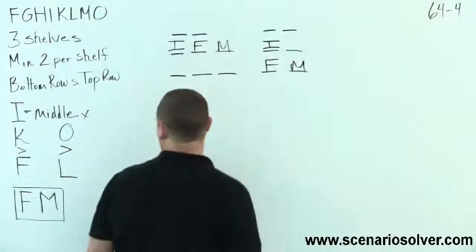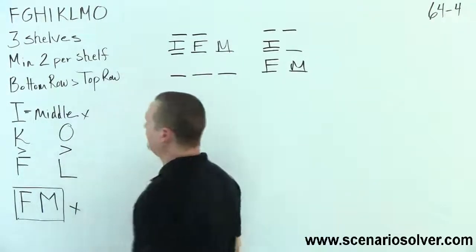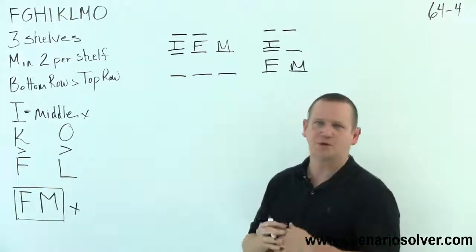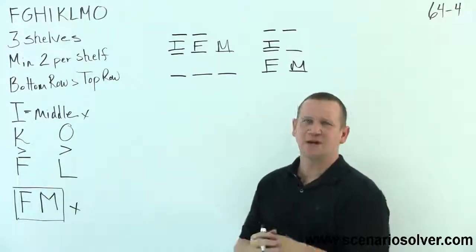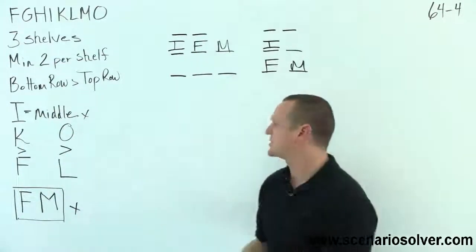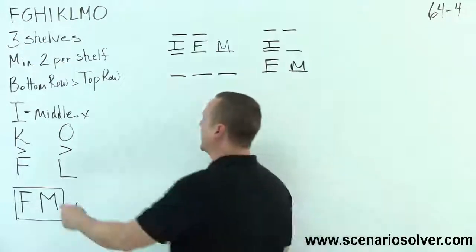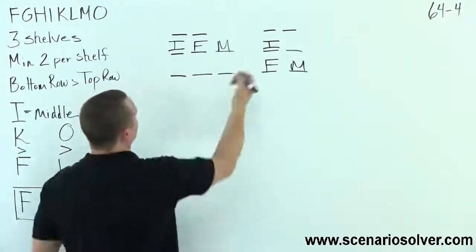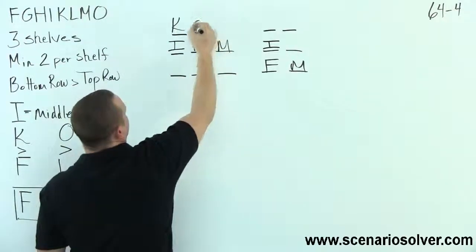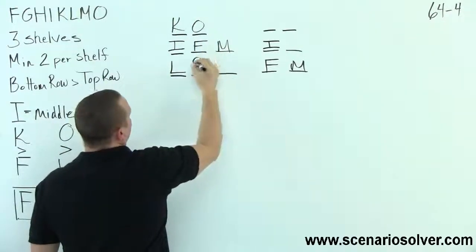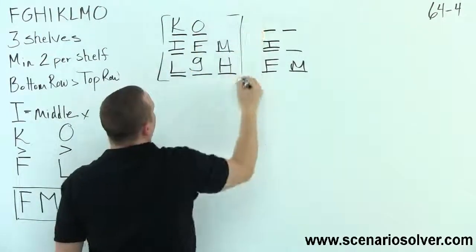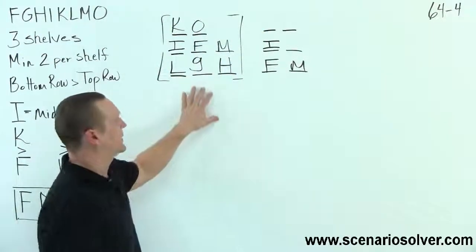All right, so we have exhausted what can occur with FM, and now we just need to look at these 2 third order rules. Third order rules just say that something occurs before something else. In this case, something is higher than something else. So if we apply this K is greater than F to this particular setup, K must be here, then that means O is greater than L, and then we have G and H. This one is complete, so when F and M is in the middle, there's only one thing that can happen.